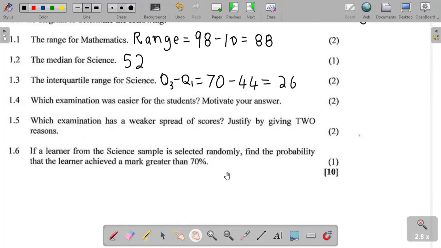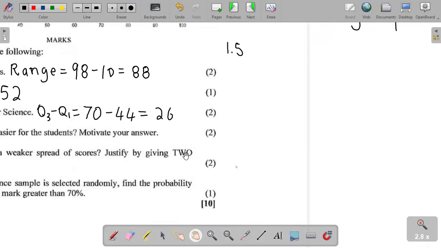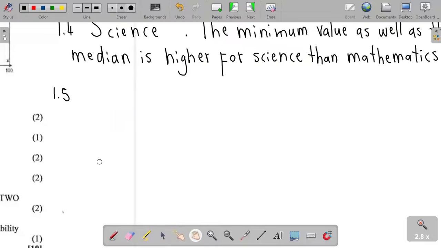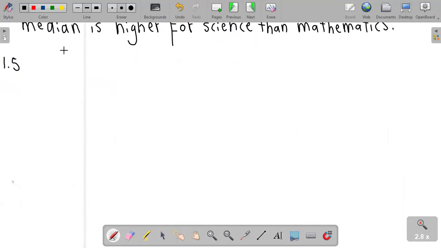So, a weaker spread is going to be mathematics. And then they say give two reasons. They say justify your answer by giving two reasons.